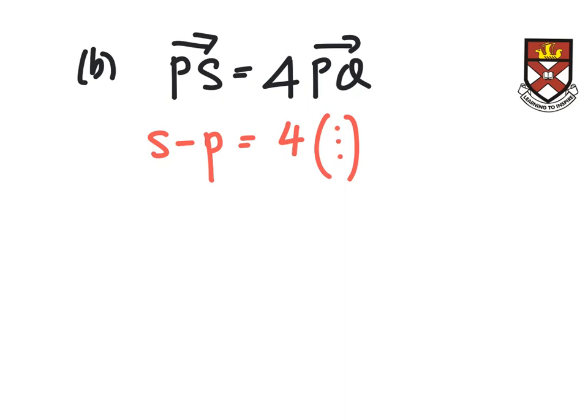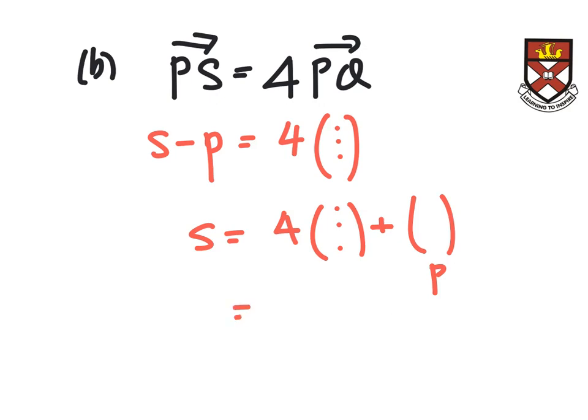We know what P is, it's given in the question. So S is just going to be your answer to 4 times that vector plus your vector P. And that should be what S is. Remember, it's a coordinate, so you need to write it as a horizontal point, not a vertical vector.